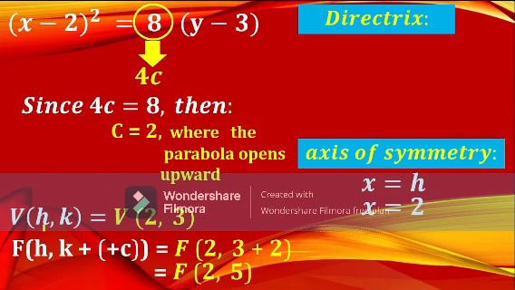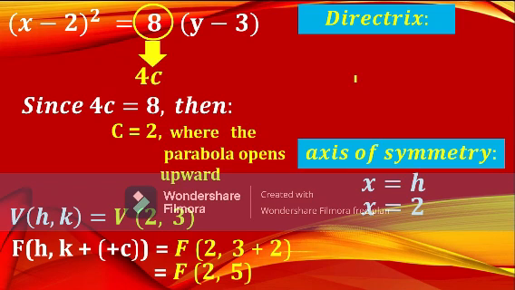Then the vertex is positive 2 and positive 3. Remember, that is h, k: x minus h and y minus k. Then to get the focus, remember the focus is h, k plus c. So our h is 2, just copy 2, and then our k is 3, plus the resulting value of c, which is 2. So that is 3 plus 2, the focus is (2, 5).